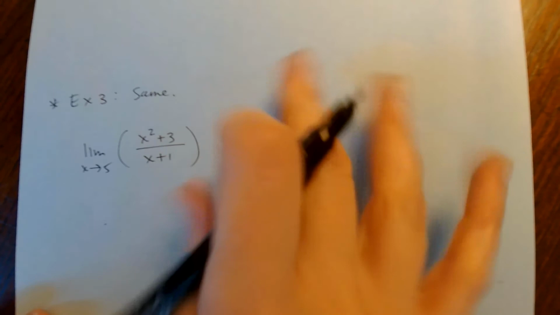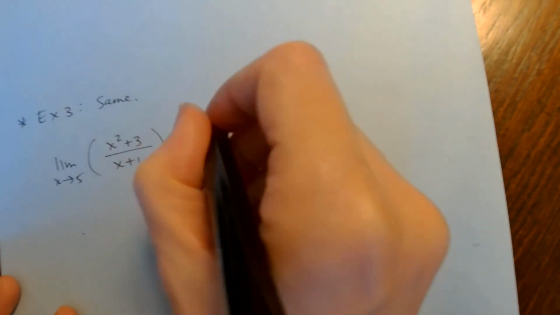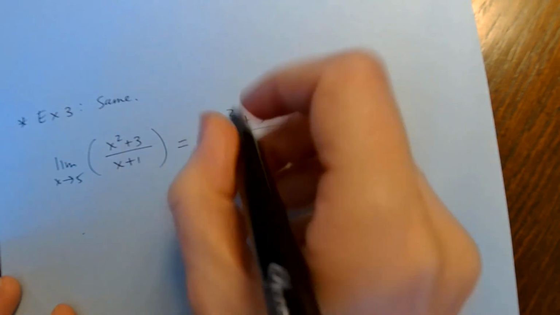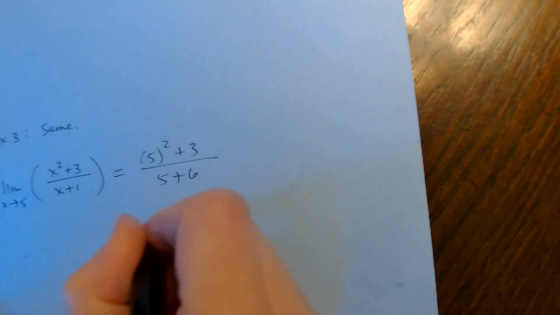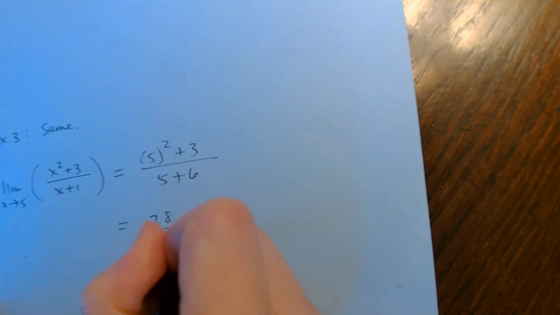So the direct substitution is going to work. So I go equals. I'm just plugging in 5. Notice I don't have a limit in front of it anymore. Okay, that's 28 over 11. All right, and that is the answer.